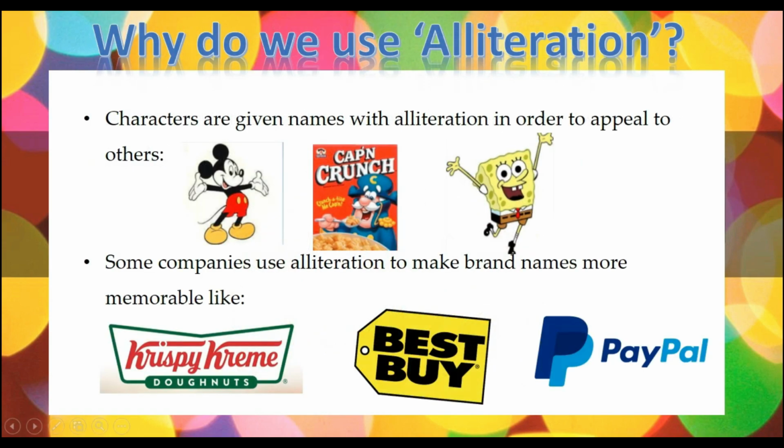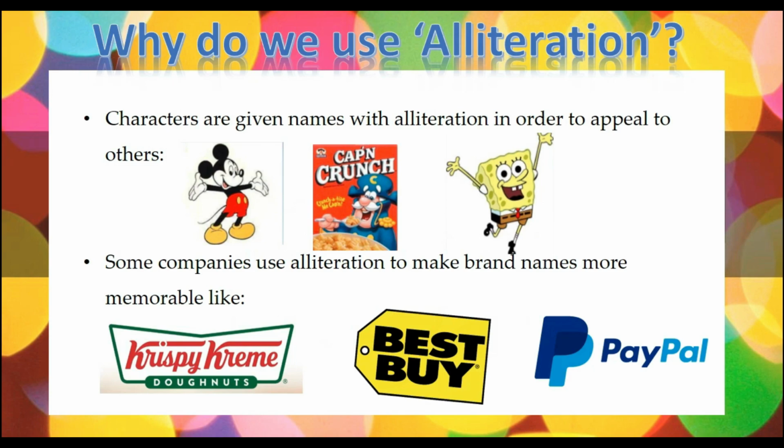So why do we use alliteration? And where can we find alliteration? Now, guys, basically, alliteration is found all around us, but we never noticed this before. Let's start with characters. Characters are sometimes given names with alliteration in order to appeal to others.